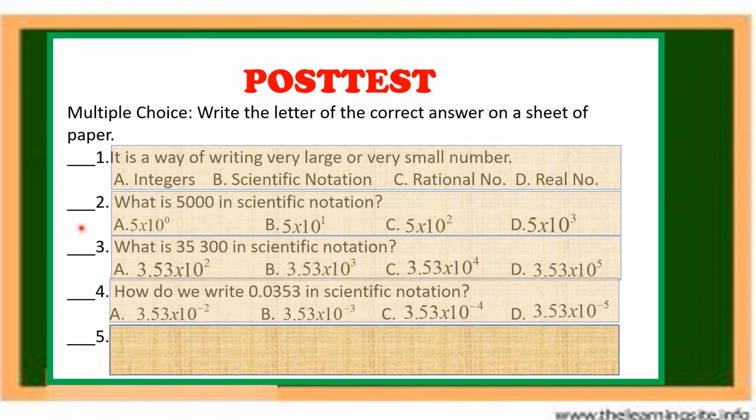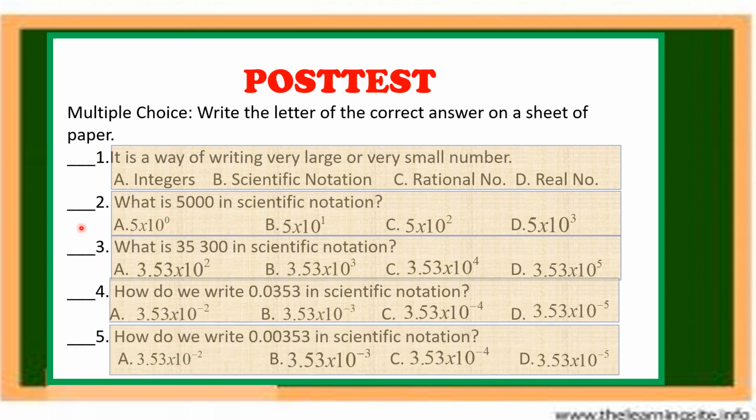Next, number 4. How do we write 353 ten-thousandths in scientific notation? 3.53 times 10 raised to negative 2. 3.53 times 10 raised to negative 3. 3.53 times 10 raised to negative 4. Or 3.53 times 10 raised to negative 5.